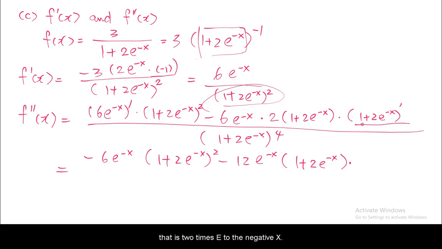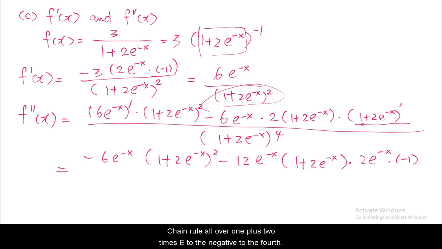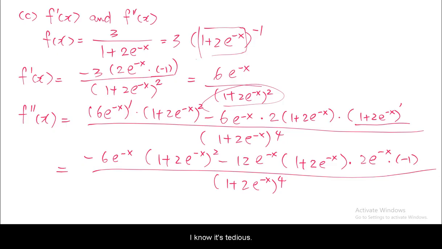That is 2 times e to the negative x, then times negative 1, chain rule, all over 1 plus 2 times e to the negative x to the 4th. I know it's tedious. We can cancel out one of the 1 plus 2 e to the negative x factors, so this becomes 3, this becomes 1, and that is gone.